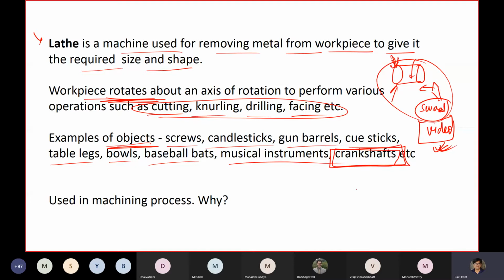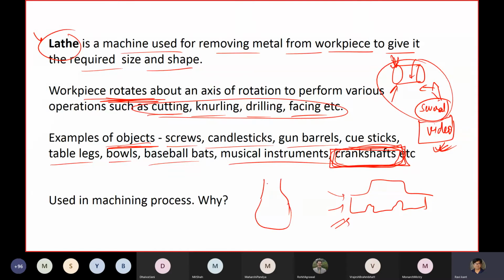Most of the components in a car are achieved through several machining and manufacturing processes. Through turning on the lathe, a critical component is made, called the crankshaft, that we talked about in our IC engine. In an IC engine, we have a piston cylinder arrangement.